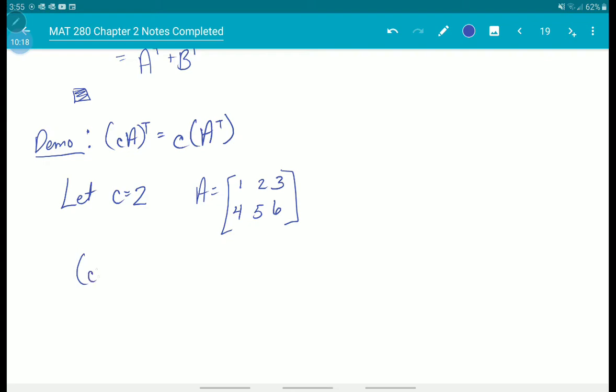So if we look at (CA) transpose, then CA, if we take 2 and multiply it by that matrix A, it would be that matrix transposed, which would be this matrix.